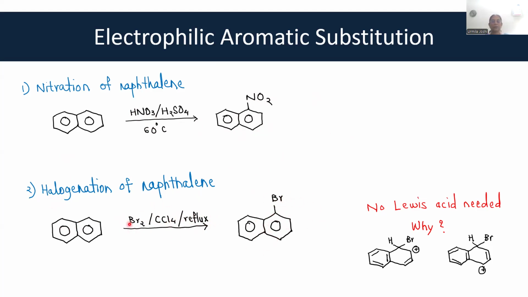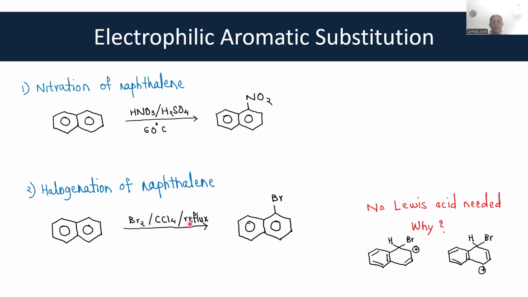Characteristic of this reaction as compared to bromination of benzene is that Lewis acid is not needed. So why is that so? Why is Lewis acid not needed?